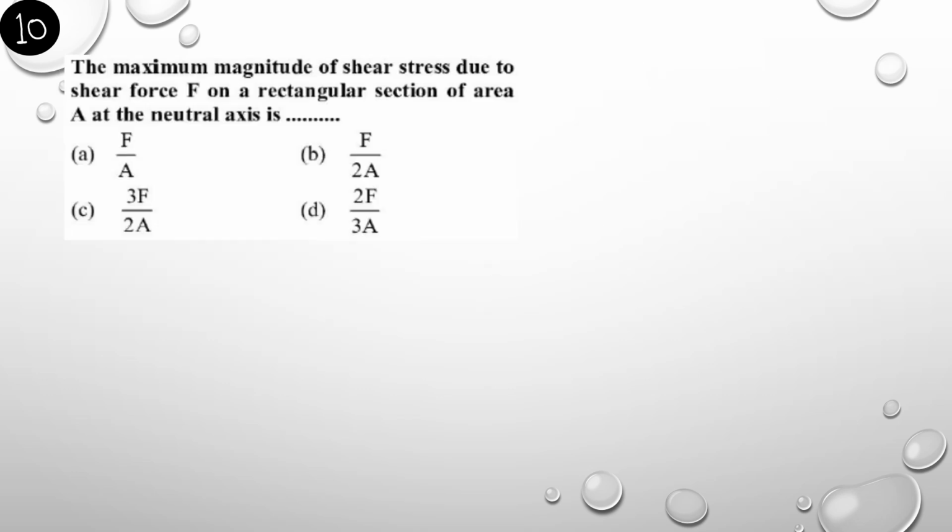Then question number 10. The question is: the maximum magnitude of shear stress due to shear force F on a rectangular section of area A at the neutral axis is. So maximum magnitude of shear stress. The shear stress formula is tau equals S A y bar by I b.